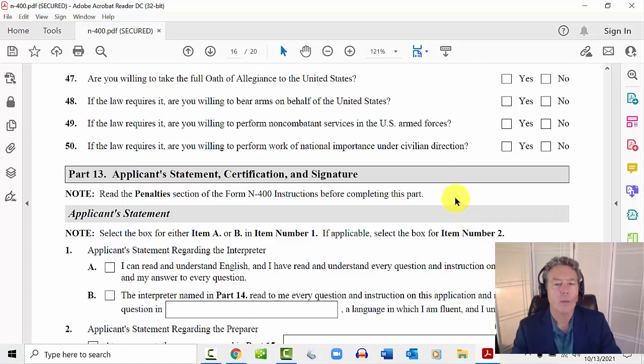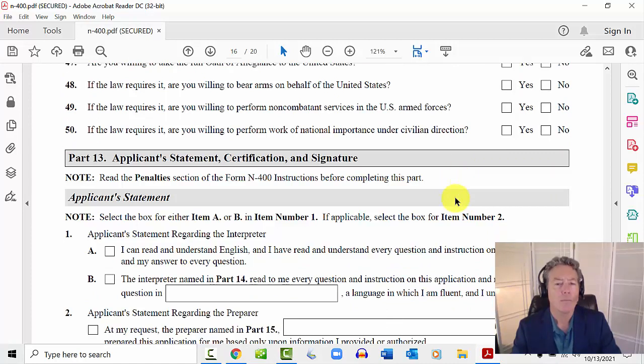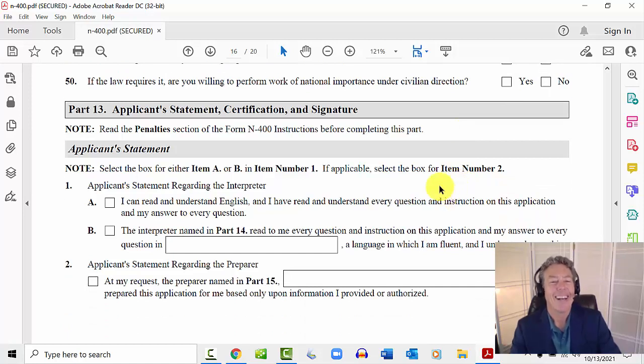Read under penalties for signing and lying. And then you sign it here. Select box A or B. Applicant statements regarding the interpreter. Okay, so you have an interpreter coming. Then I can read and understand English, read and understand every question, instructions, and my answer to every question.